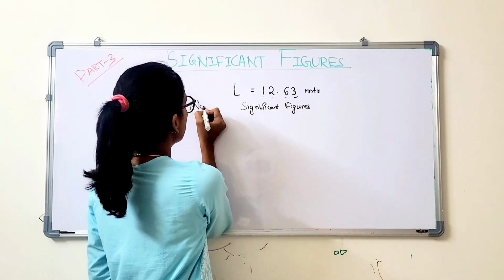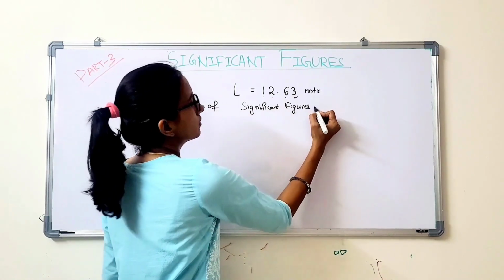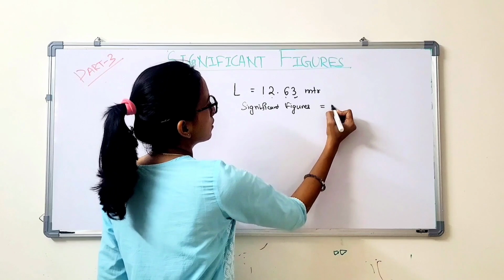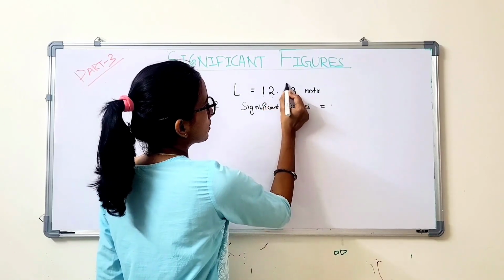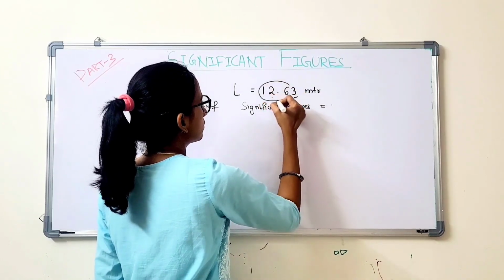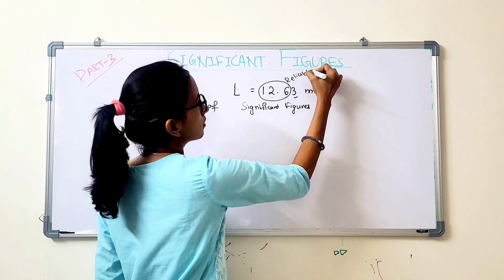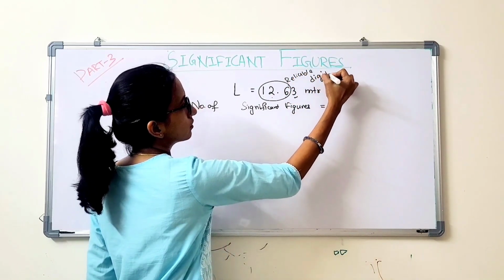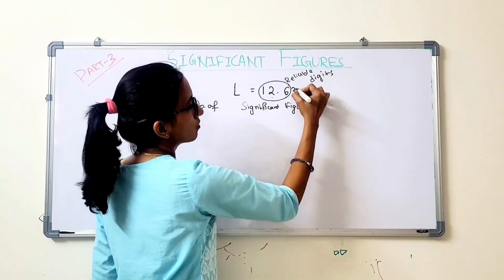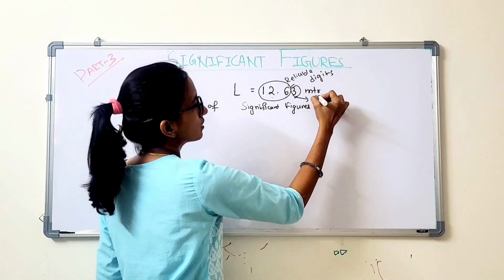So you will tell that the number of significant figures is 1, 2, 3, which are the reliable digits, plus the first doubtful digit.